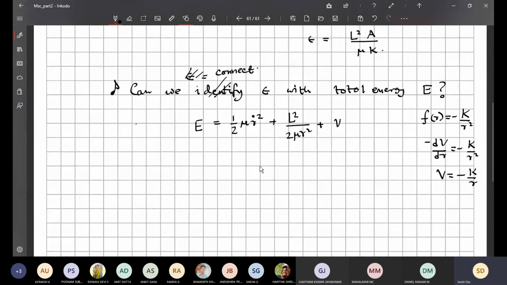So what do you see by dr by d theta? Already dr by d theta we have computed, isn't it? See the notes where we calculated dr by d theta, the root under all this stuff.